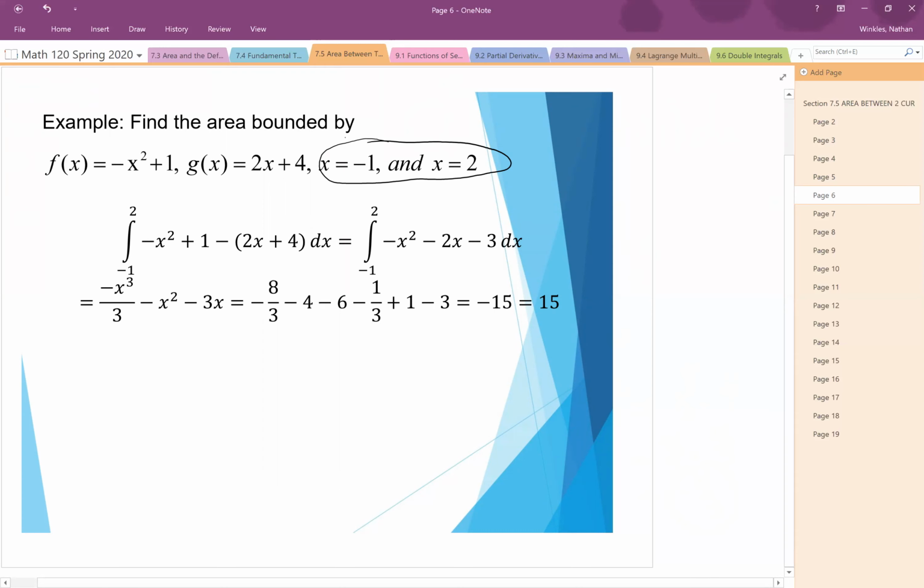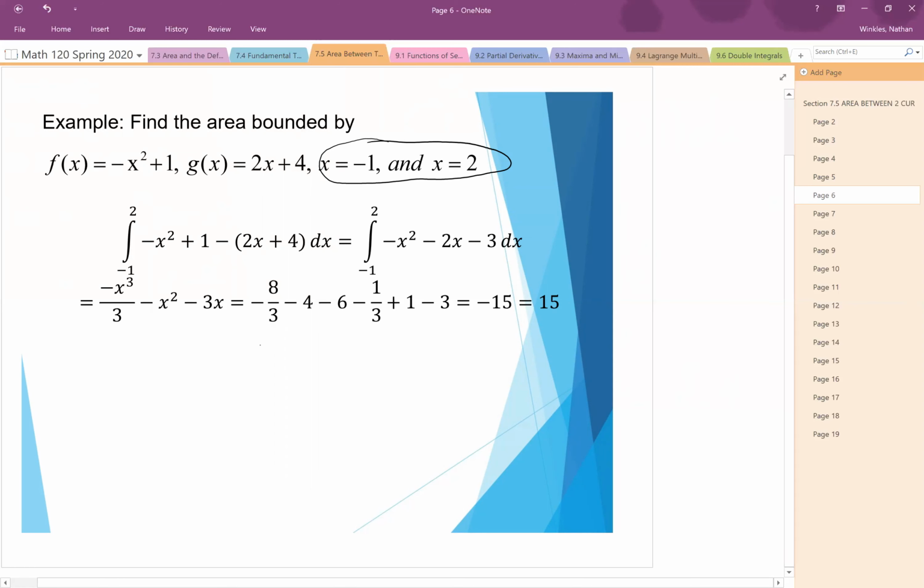So therefore, that is the integral from -1 to 2 of negative x squared minus 2x minus 3 dx. When we integrate that, we get minus x cubed over 3 minus x squared minus 3x. So then plugging in 2, we get minus 8 over 3 minus 4 minus 6. Subtracting when we plug in -1.